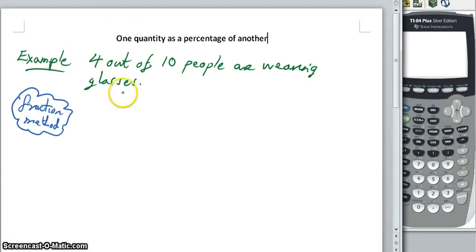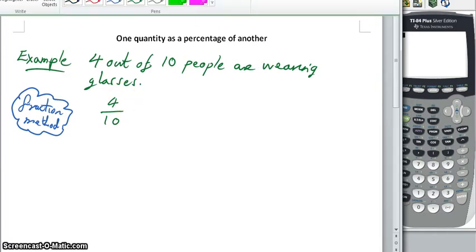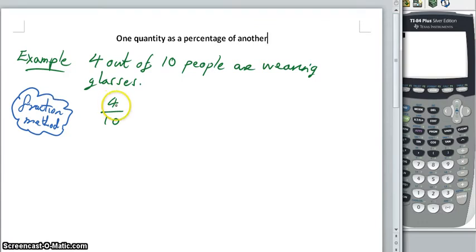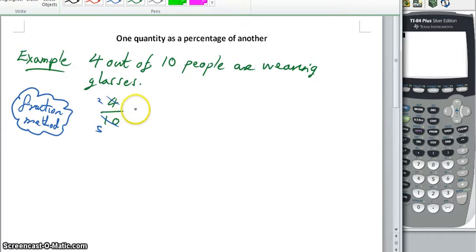We're saying 4 out of 10. Now that's written as a fraction instead of a sentence, and that will cut down to 2 out of 5. There's your fraction, which is 2/5.